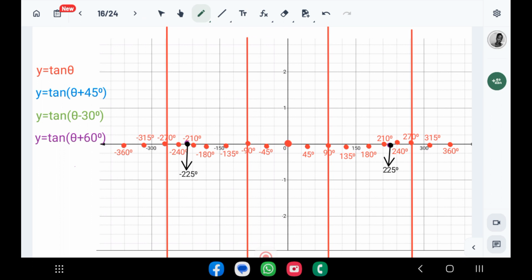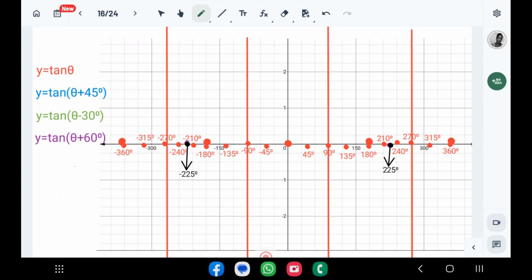And the next one is 180 degrees, which is the period, away from 0 on either side. So the next one is at 180 degrees. There's the next one, 360 degrees. On the left hand side, negative 180 and negative 360.